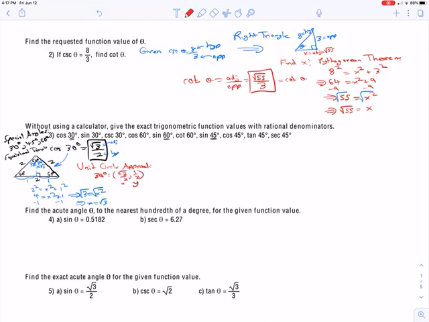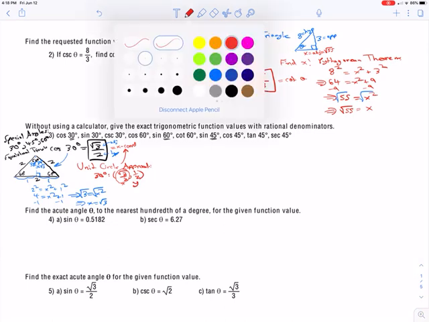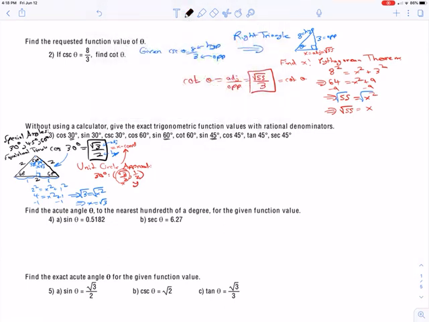There's the x-coordinate, there's the y-coordinate. And we know cosine is equal to the x-coordinate with the unit circle approach, square root of 3 over 2. So again, there are different ways to do these, either with a right triangle from the equilateral triangle or using the unit circle. So these should be quick and easy.